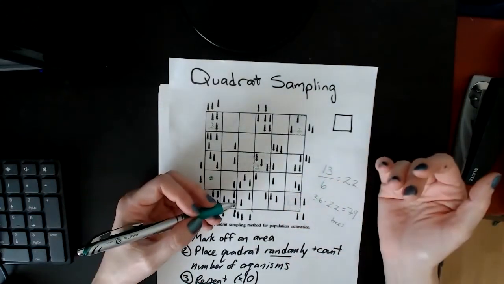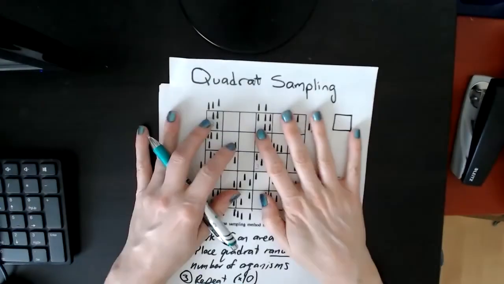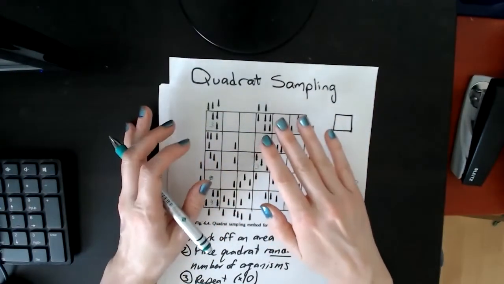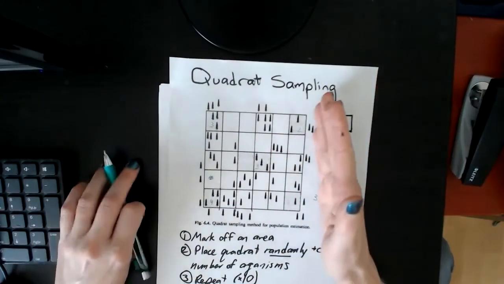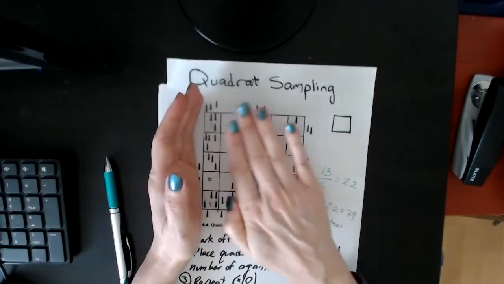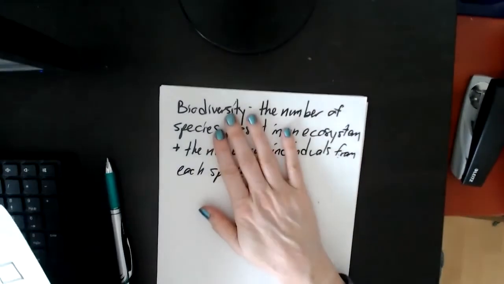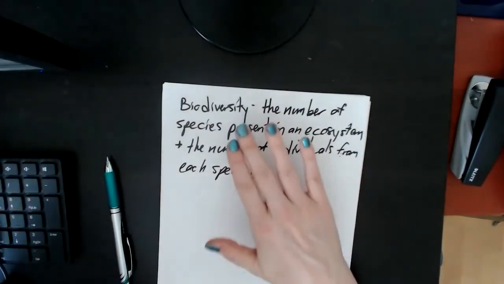How many butterflies, or caterpillars technically, do I have? And then you can compare. You would do this in 2 different areas. I would have one field where there are lots of trees, but not many butterflies. And then I could have another field where there are lots of trees and lots of butterflies. So that would have higher biodiversity.